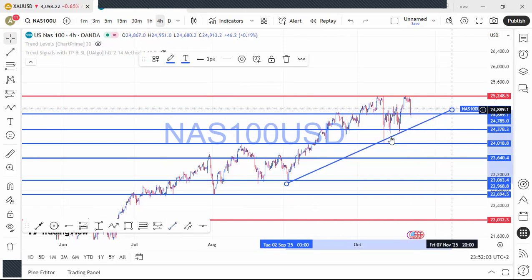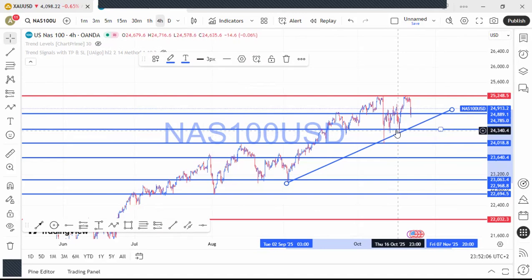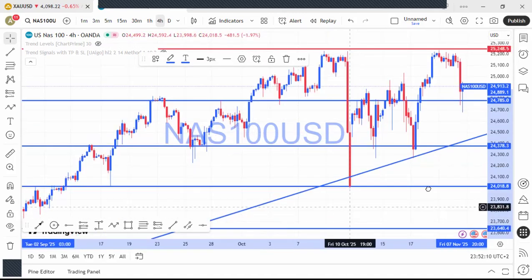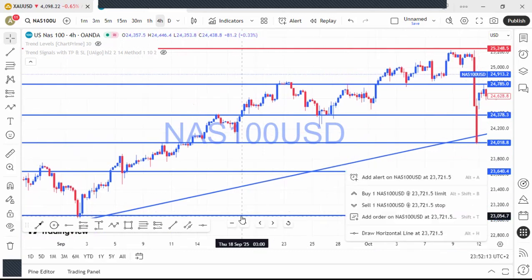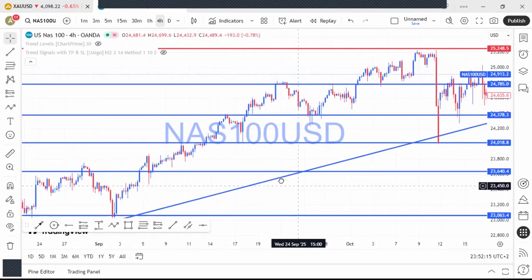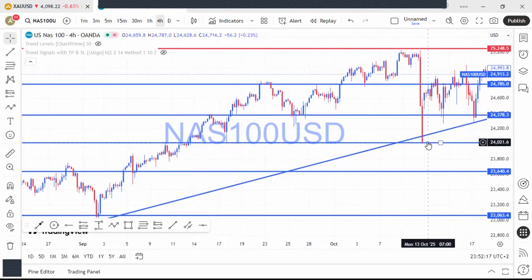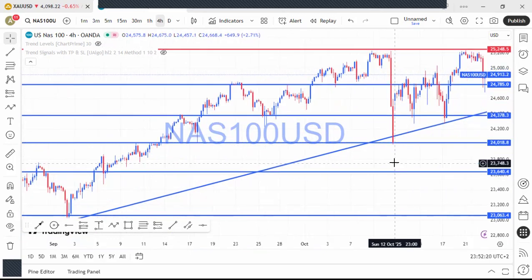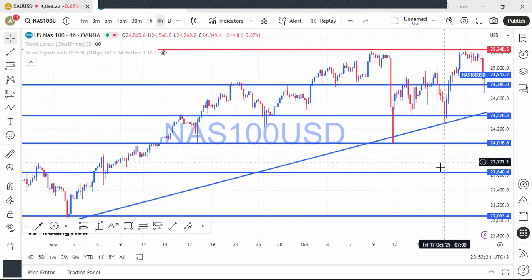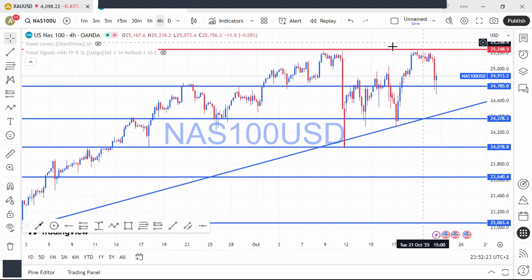As you can see, first touch, second touch, that's our third touch. It gives us what? A bullish momentum. So this is our all-time high. So what are we looking for here?